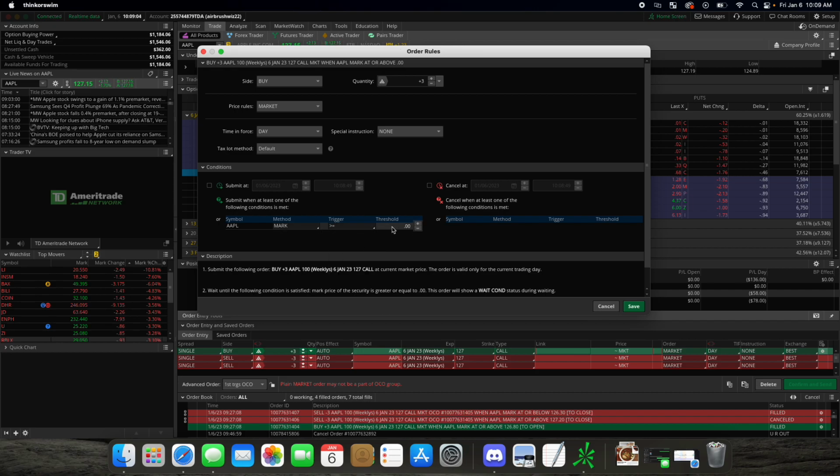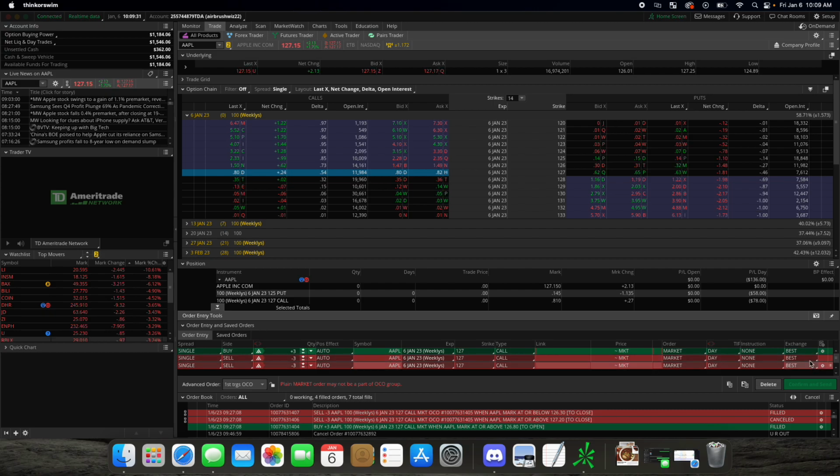So our entry is going to be this. These two are very important. It's going to be below or equal to or above or equal to, okay? So our entry for our call is going to be above or equal to 126.10. Save.